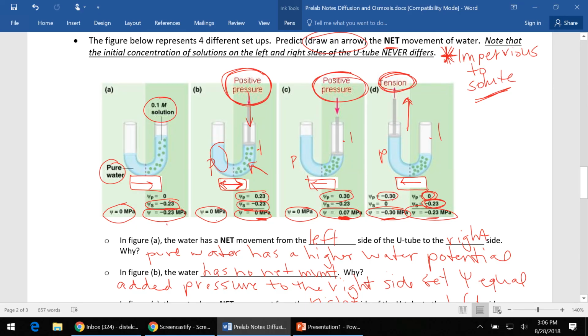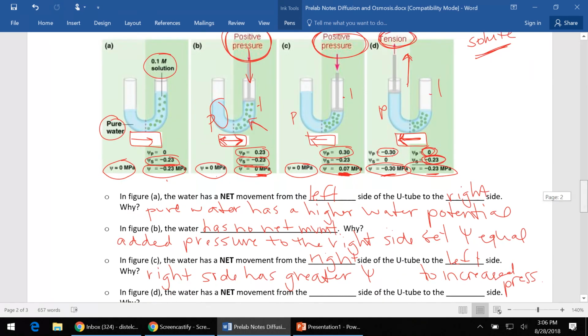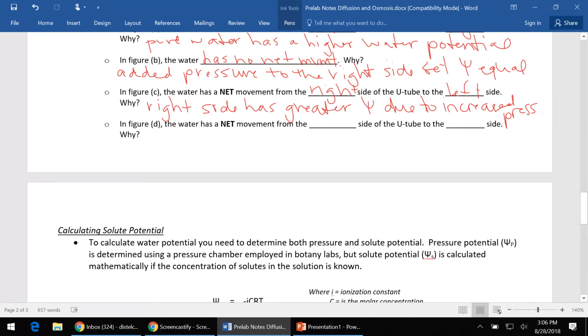But because of this negative pressure on the left side, decreasing water potential more, that's why water moved from the left to the right. Or backwards, I said, from the right to the left. Okay.